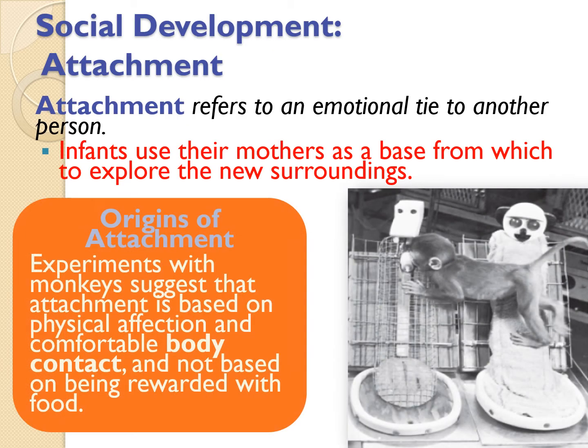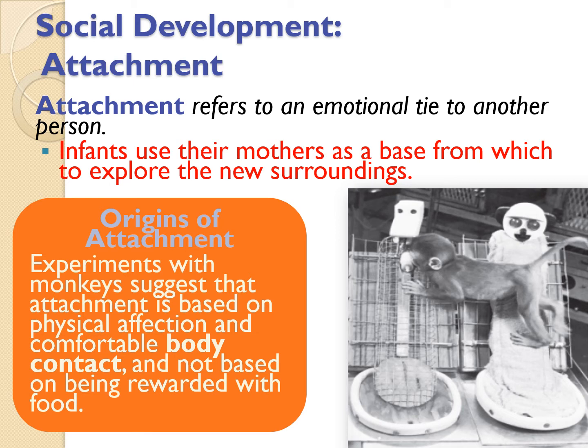Now, when we look at those emotional ties, we've done studies, of course, with animals and then with adults. And one of the studies that was done quite a while ago was done on monkeys. And they thought at first that it was whoever fed the infant developed the attachment. And that's not actually correct. So the beginnings of this was they had the wire mother, supposedly. They had the soft-covered mother.